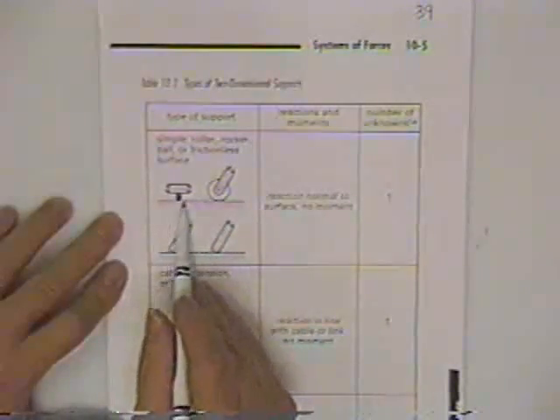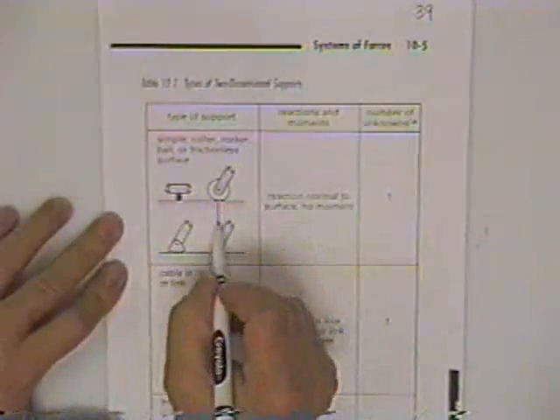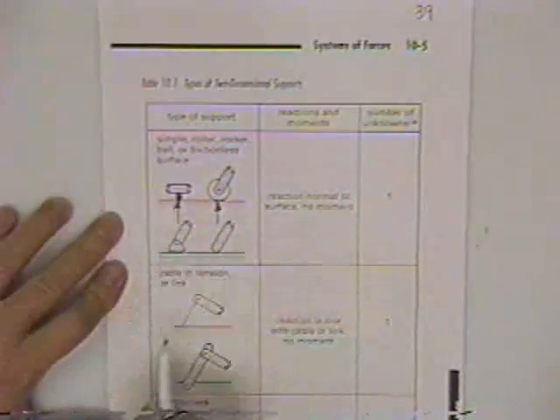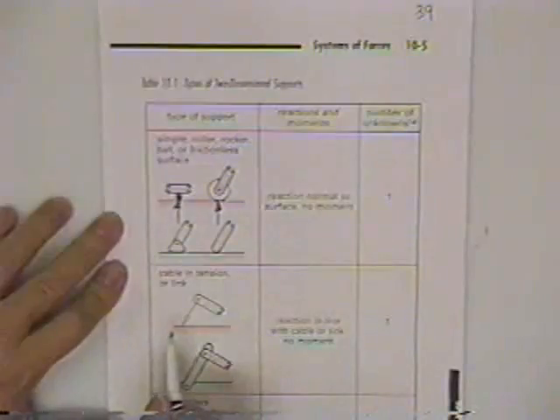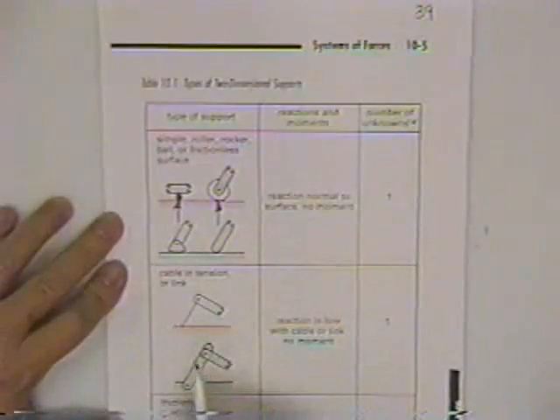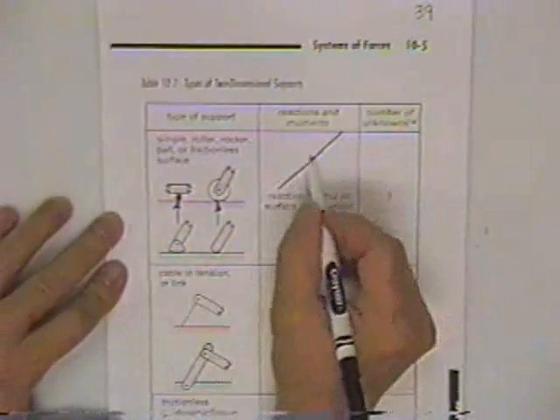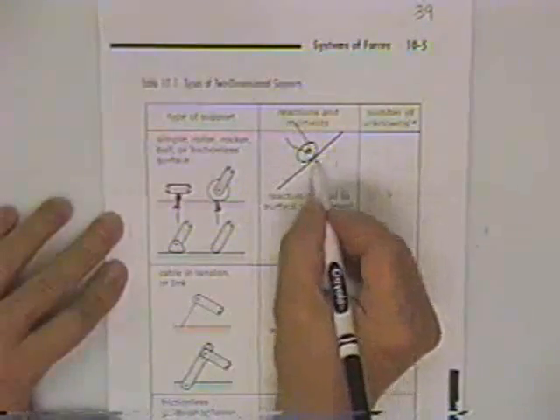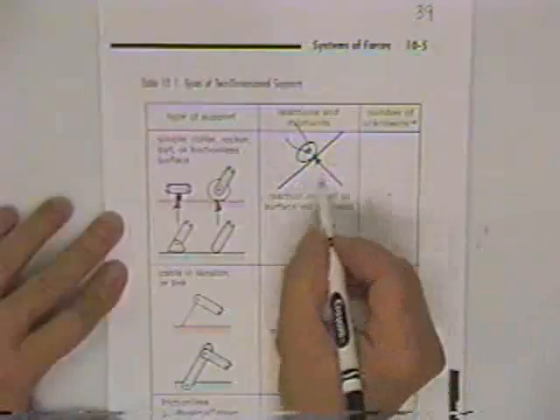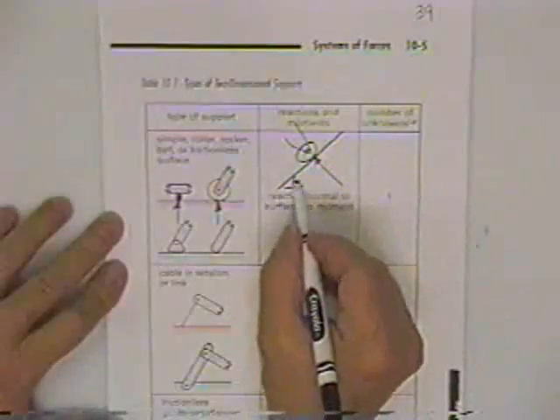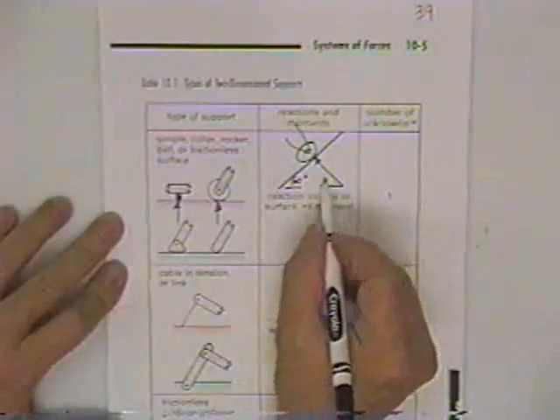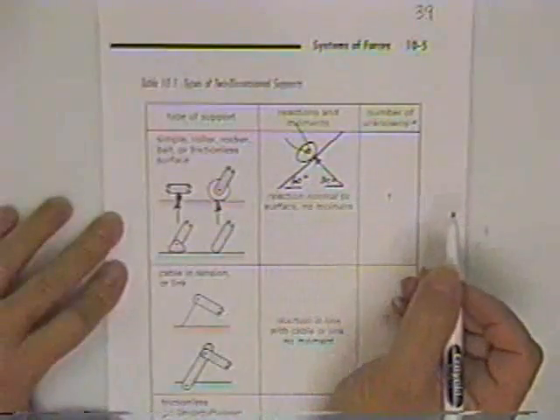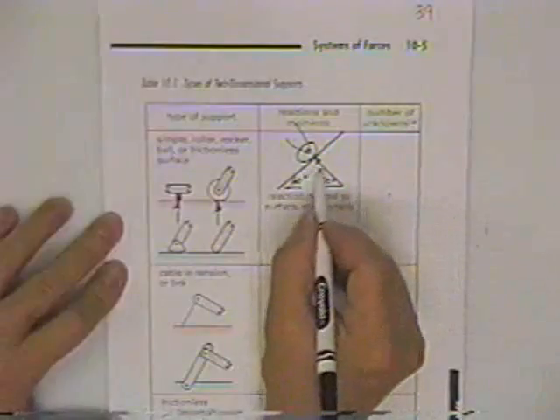This device always causes a force, or there is available a force, perpendicular to the floor upon which the roller runs. If you see a roller looking like that, then the force looks like that. If this is 60 degrees, then this is guaranteed to be 30 degrees. Is that right? Yeah, because it's 90 degrees away.